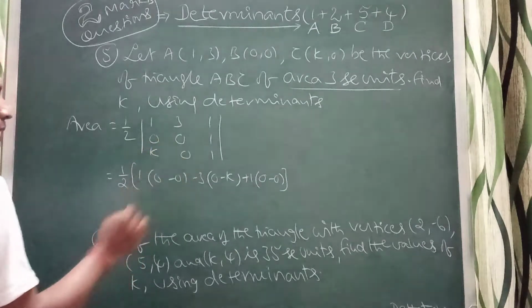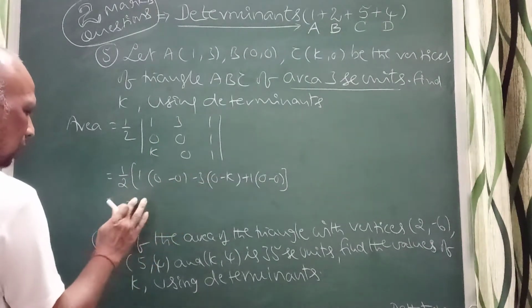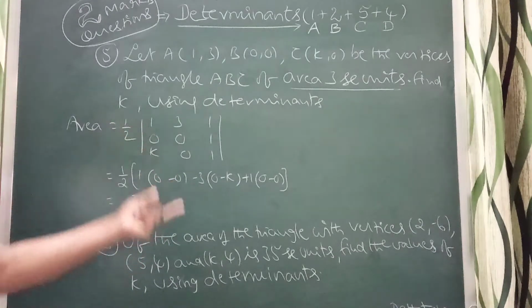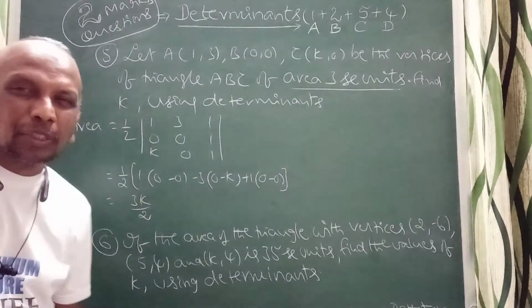Everything simplifies, and finally you get plus 3k by 2. You can simplify this, so the area is 3k by 2.